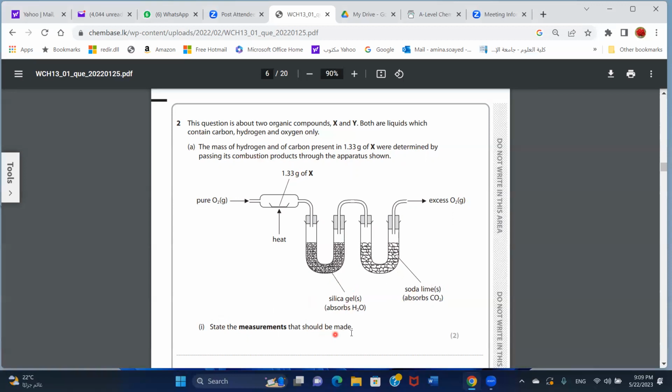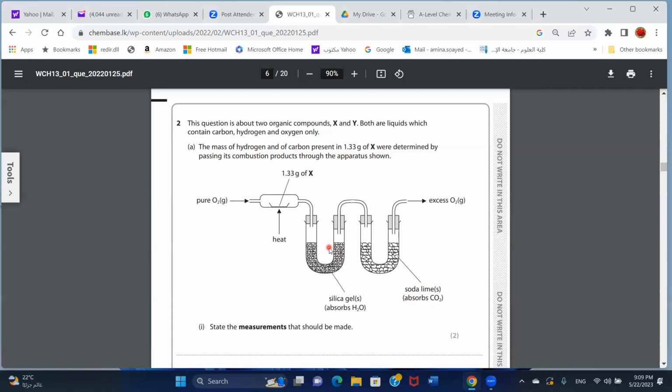So what are the measurements that should be made during the experiment to get the masses of hydrogen and of carbon? The amount of H2O absorbed and the amount of CO2 absorbed. Yes, and how can you get them? How can you get the mass of water absorbed and the mass of carbon dioxide absorbed? What you say is correct, but how?